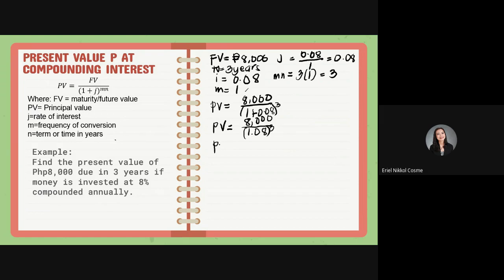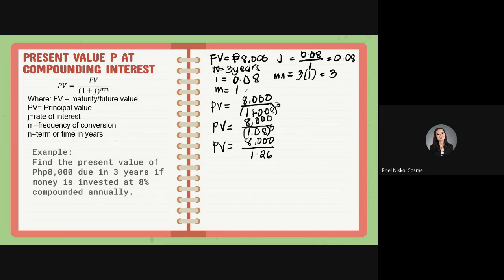Let's have 2 decimal places for that. 1.08 raised to 3 is 1.26, rounded off.